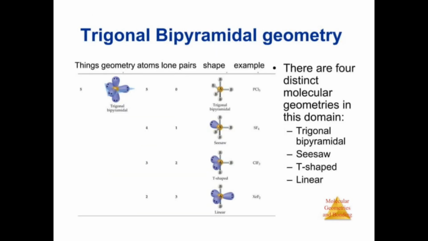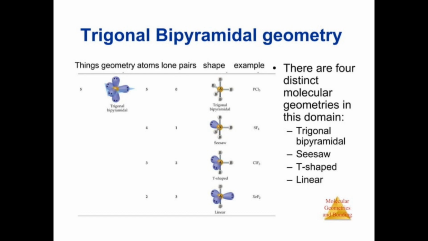Now let's look at it. For a trigonal bipyramidal geometry, for instance, the things are 5, like we have said. The geometry is trigonal bipyramidal. When we have 5 atoms and 0 lone pair, you are going to have trigonal bipyramidal. An example is PCl5. When you have 4 atoms with 1 lone pair, you are going to have a seesaw. An example for that seesaw is SF4.